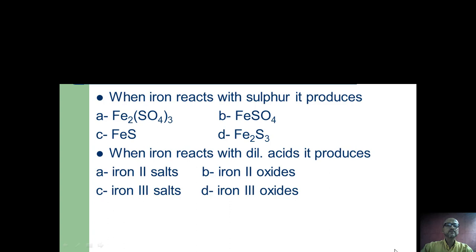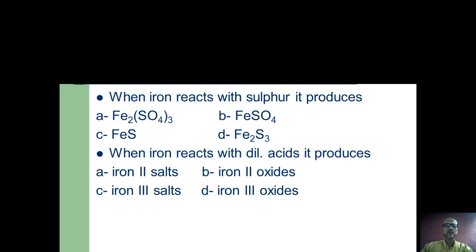The next question. When iron reacts with diluted acids, it produces: iron 2 salt, or iron 3 oxide, or iron 2 oxide, or iron 3 salt? Which one of these choices will be right?